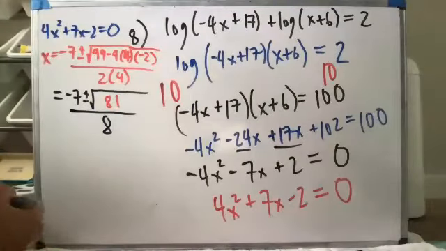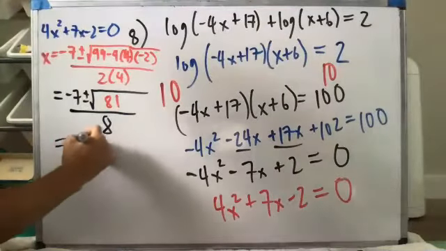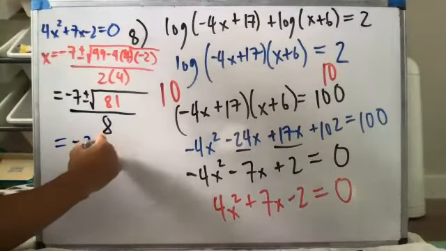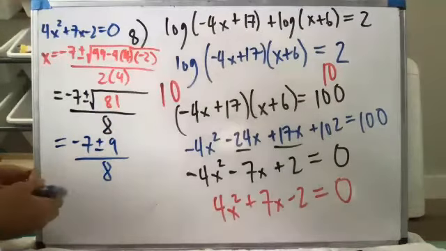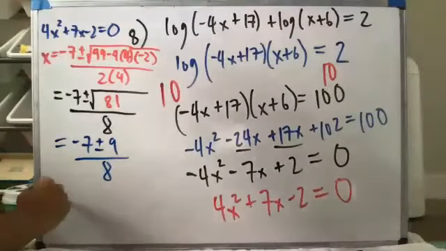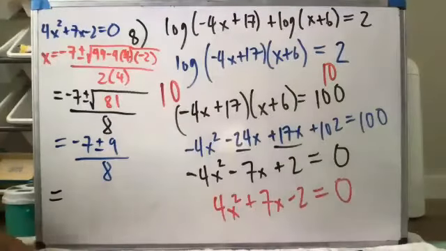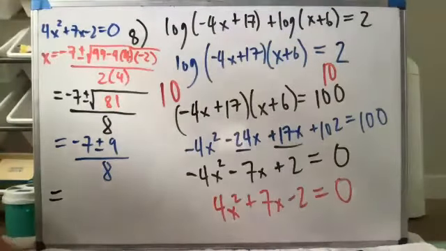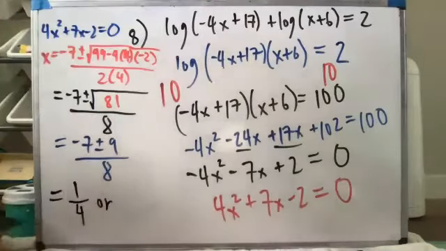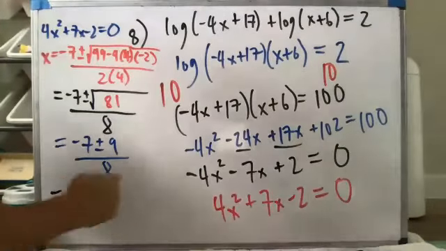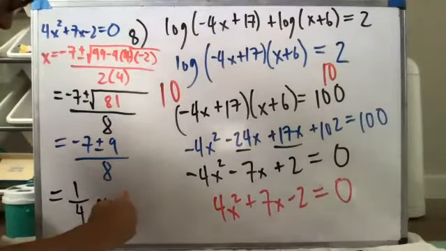Okay, let's continue on. Negative 7, and the square root of 81 is just 9. So negative 7 plus or minus 9 over 8. Let's do the positive first. Negative 7 plus 9 is positive 2, divided by 8 is 1/4. Negative 7 minus 9 is negative 16, divided by 8 is negative 2.